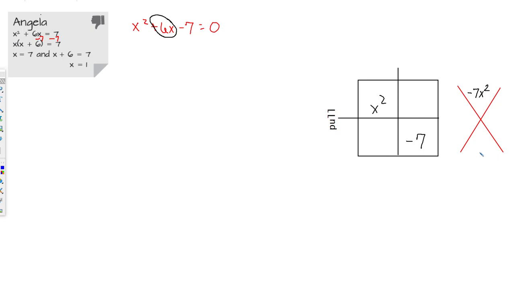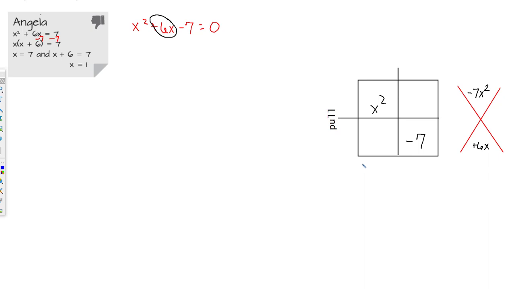It's always this middle. So a positive 6x. That's where that always comes from. And so I want to find two things that will multiply to give me negative 7x squared that will add to give me a positive 6x.